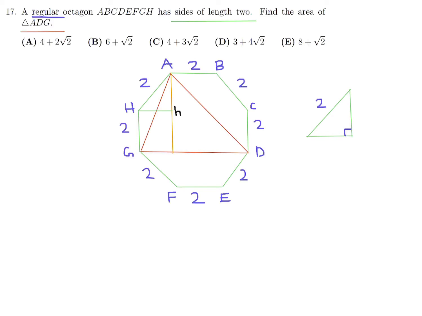So this side is x, and because this is a regular octagon and there's symmetry here, this will also be x. So therefore, you can easily use Pythagoras to figure out x. So we have 2x squared is equal to 4, x squared is equal to 2, and therefore x is equal to the square root of 2.